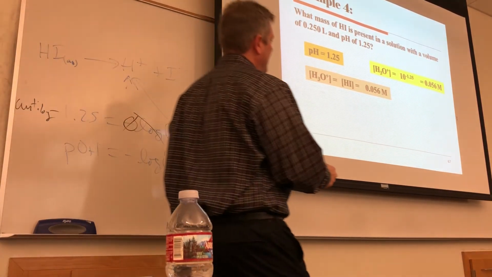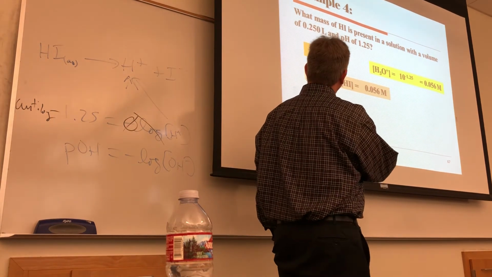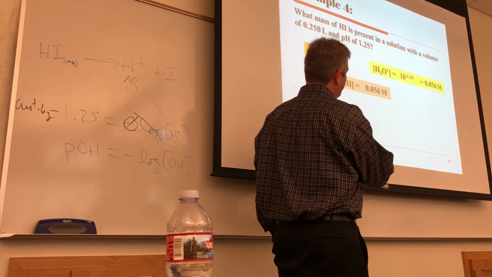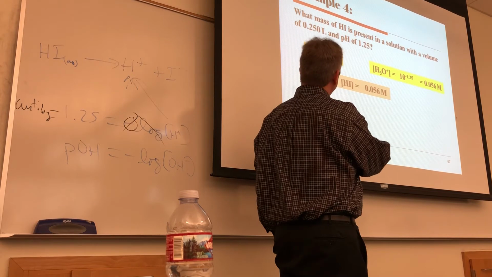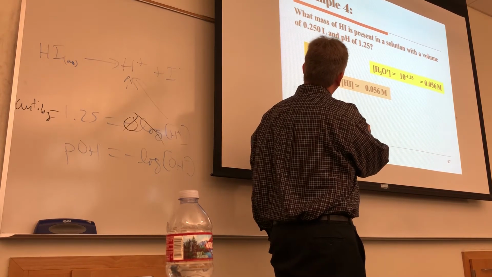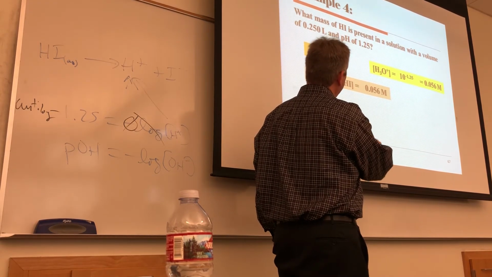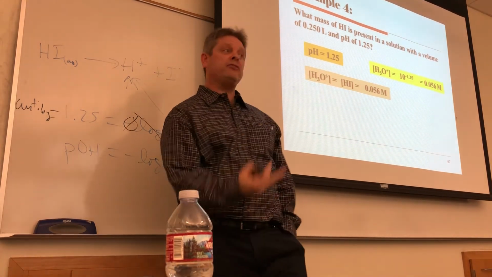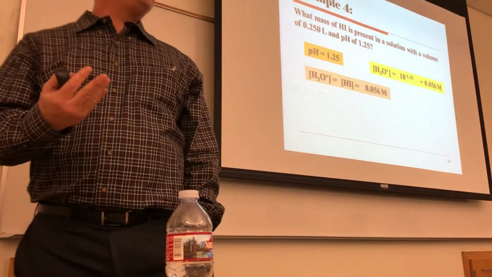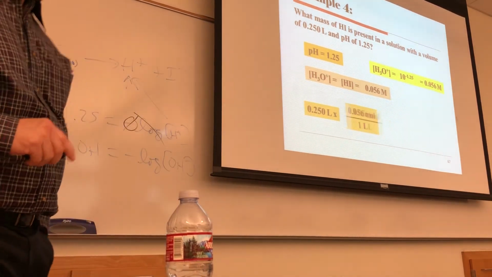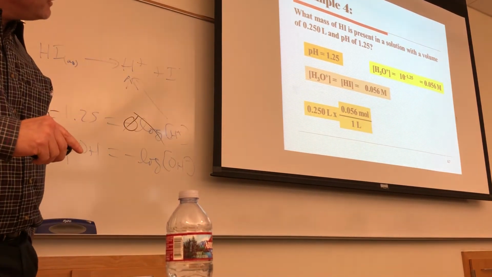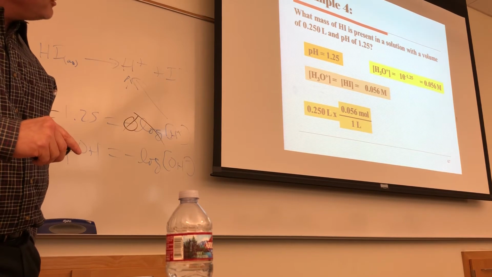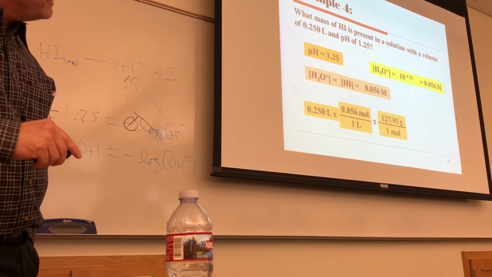So now that I have the concentration here, I can use the total volume that I have to figure out the moles of this. Then I can go to the periodic table, figure out the molar mass of HI, and from the moles I can take it to the mass, which ultimately is what it's asking me for. When you see mass, you're looking at grams. So here's my concentration times my volume. Volumes cancel. That gives me my moles.